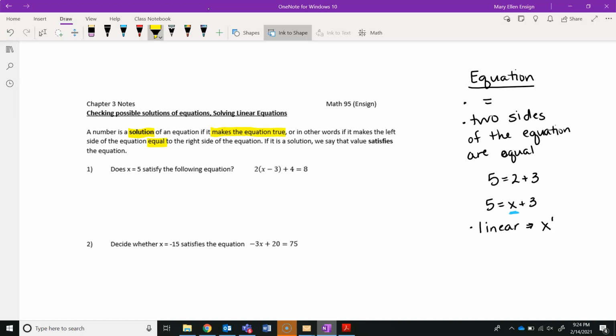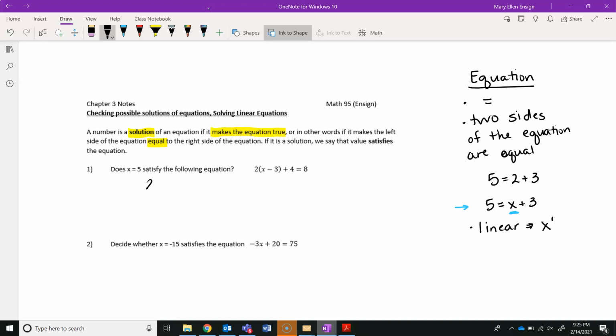So in my example over here with 5 equals x plus 3, the solution of this would be 2, because if I plug in 2 for x, it makes the two sides equal. So for this first couple examples, we're trying to figure out if the given answer satisfies the following equation. In other words, does it make that equation true?